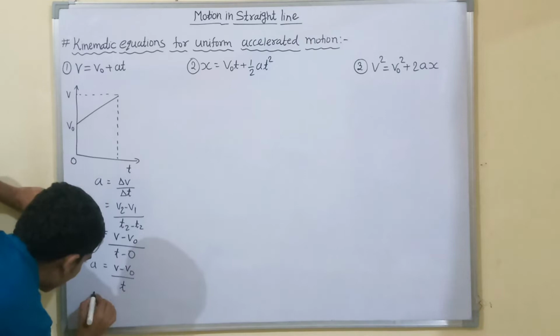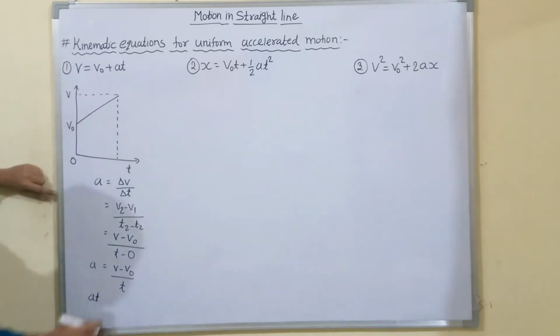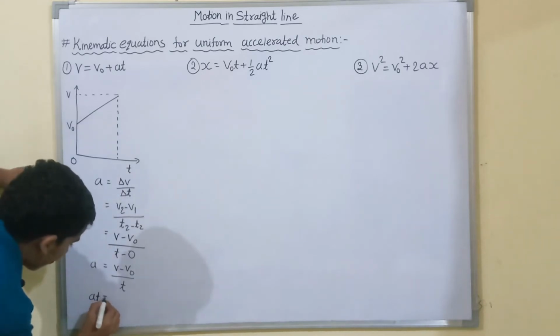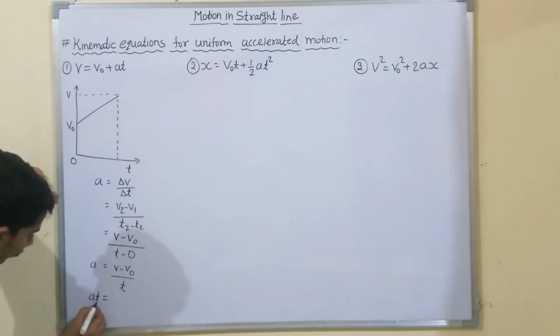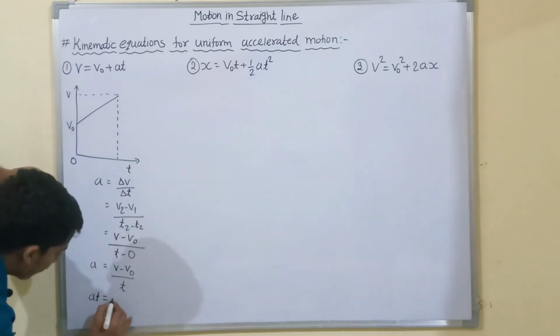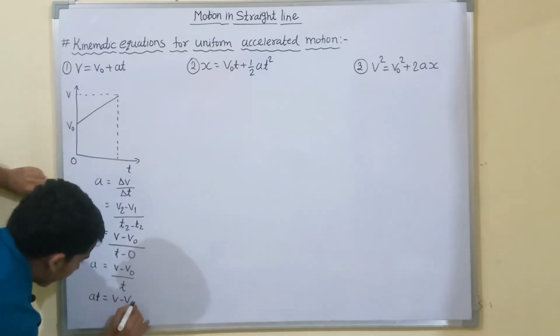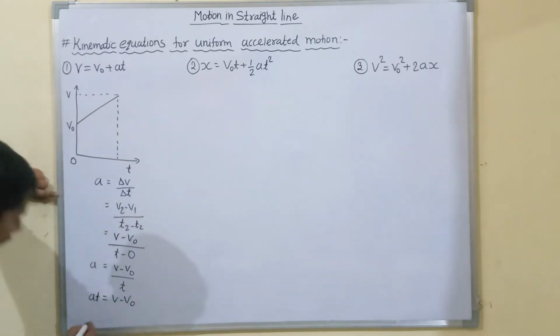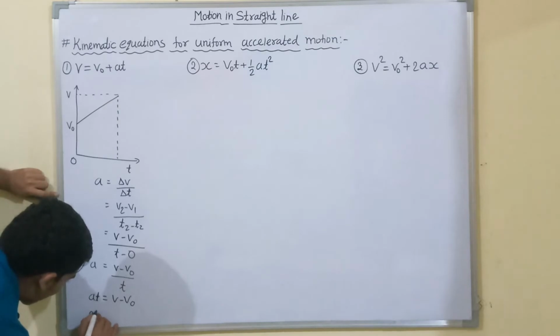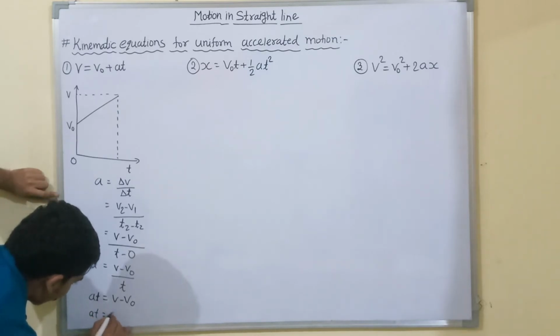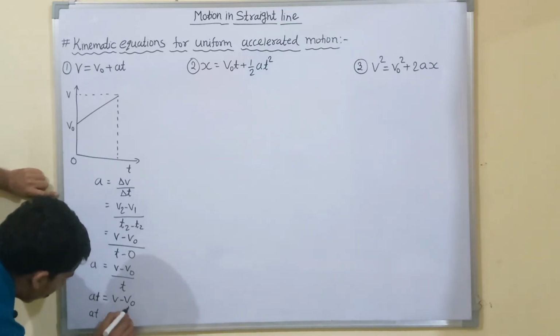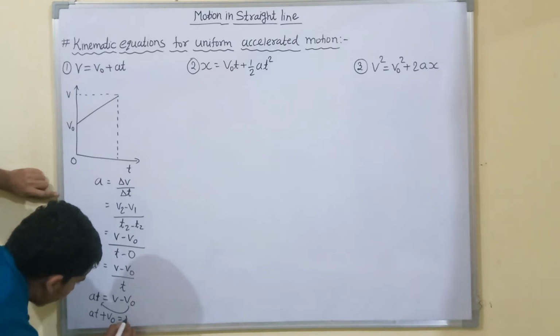Now t is in division, therefore it moves to the other side and becomes multiplication: at equals v minus v0. Then this v0 will transfer here, that is minus, then it will be plus: at plus v0 equals v.